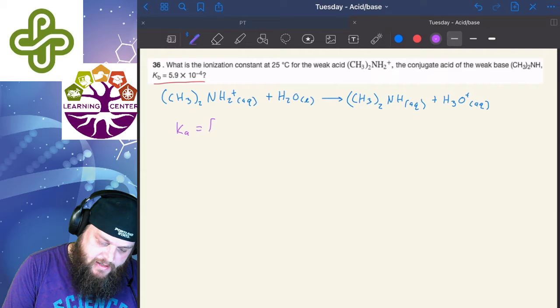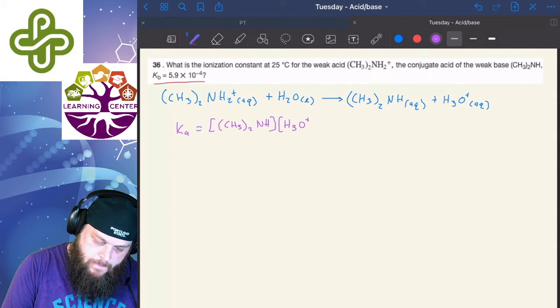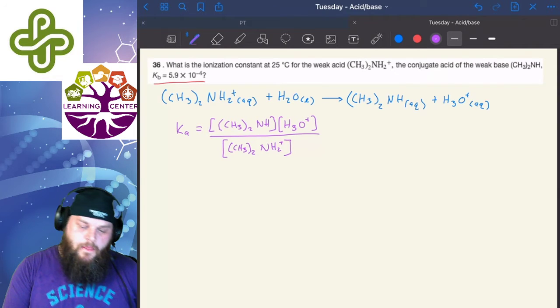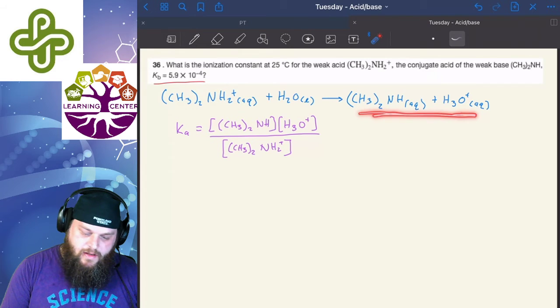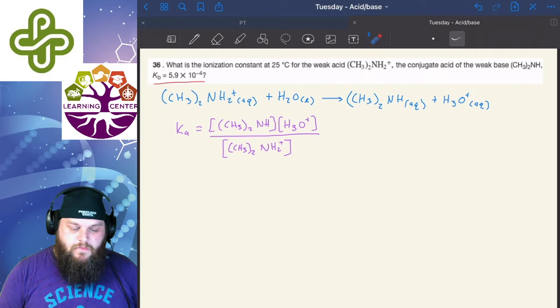So in this case, that's the concentration of (CH3)2NH, times the concentration of hydronium, divided by the concentration of (CH3)2NH2+. So the reactant goes on the bottom, and the products go up on the top. And that's going to be our Ka value.